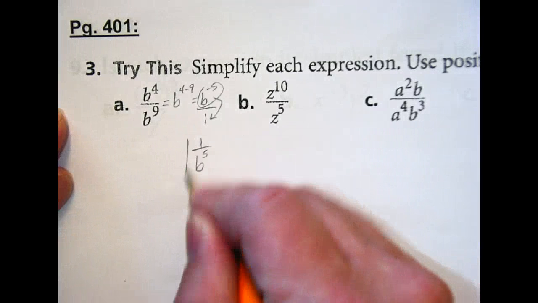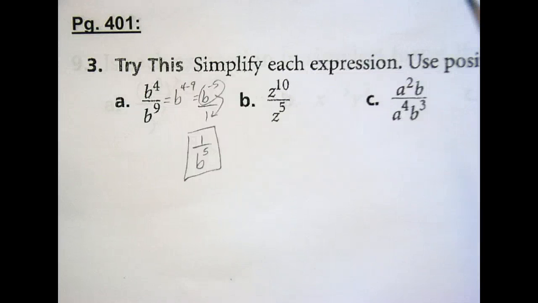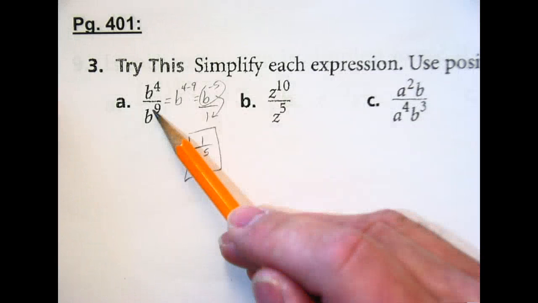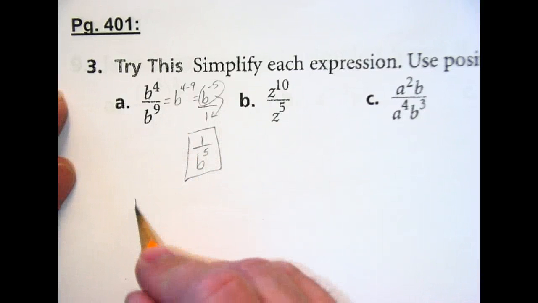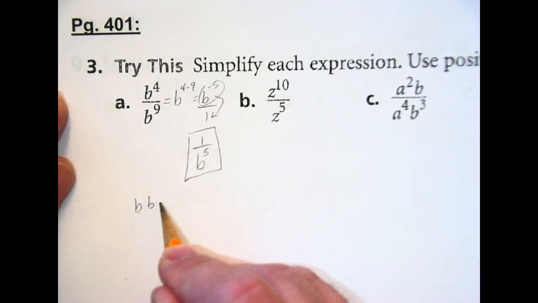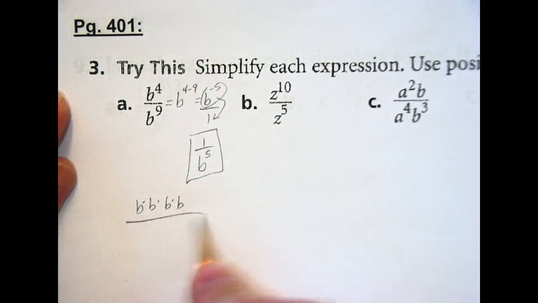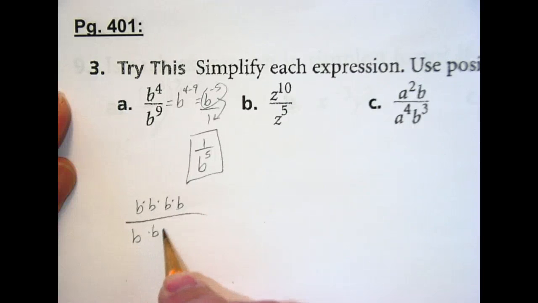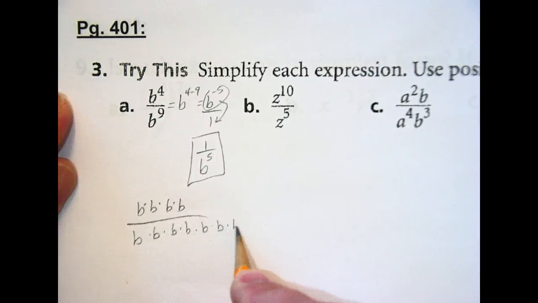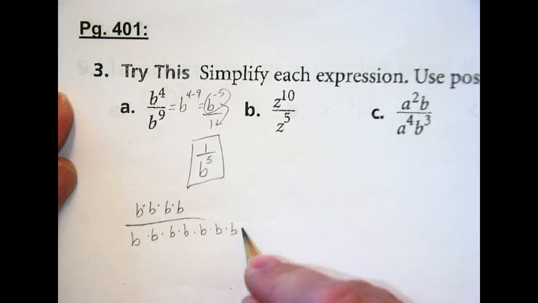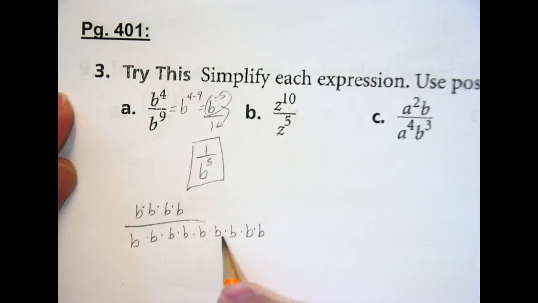The other way to think about that, when you look at b to the fourth and b to the ninth, if you think back to what we did at the very beginning where we wrote that out expanded, b times b times b times b over b times b times b times b times b times b times b times b times b. 1, 2, 3, 4, 5, 6, 7, 8, 9.